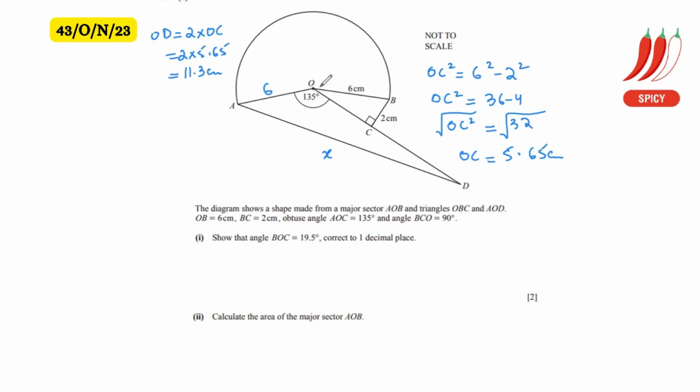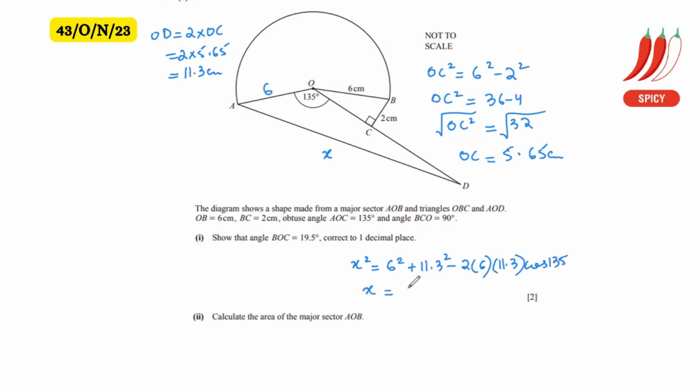OA is 6 because OA and OB are the same. They're the radius. OD is 11.3. So using cosine rule, we can easily find AD because you have two lengths and the angle between them. So it's going to be x squared equals 6 squared plus 11.3 squared minus 2 times 6 times 11.3 times cos of 135.